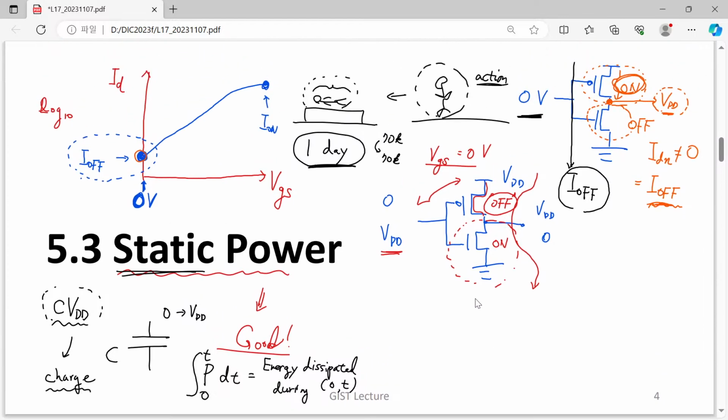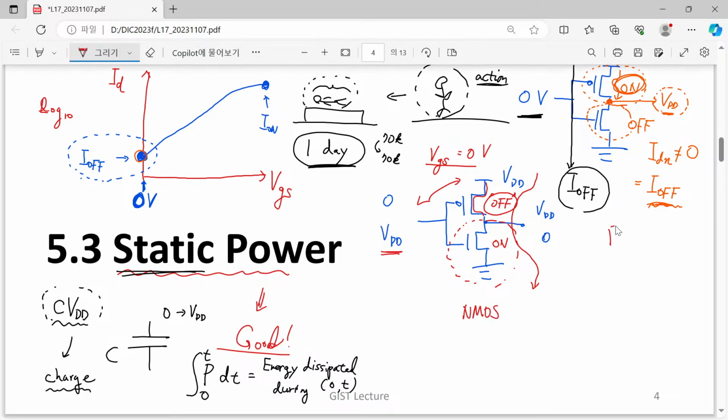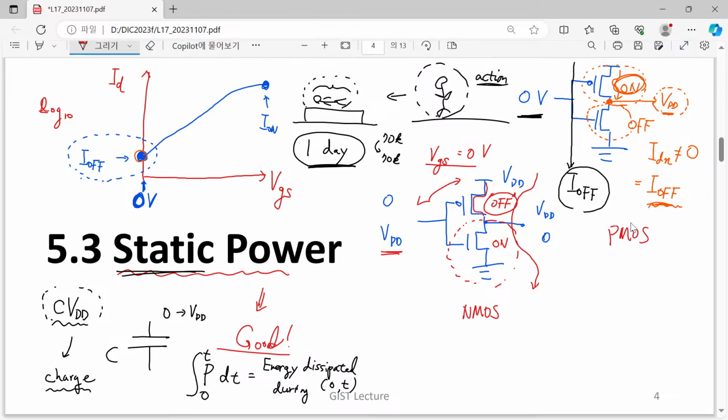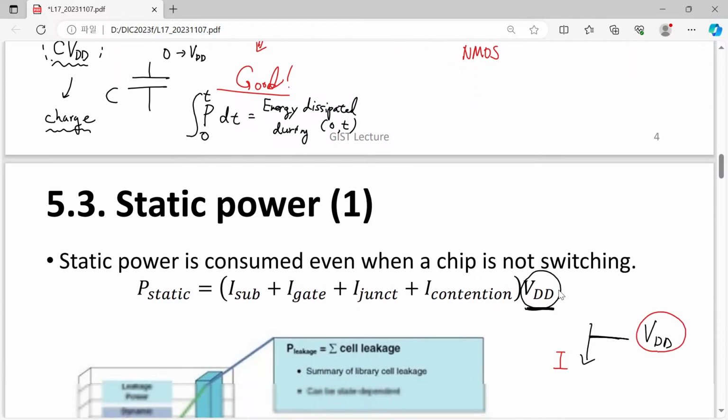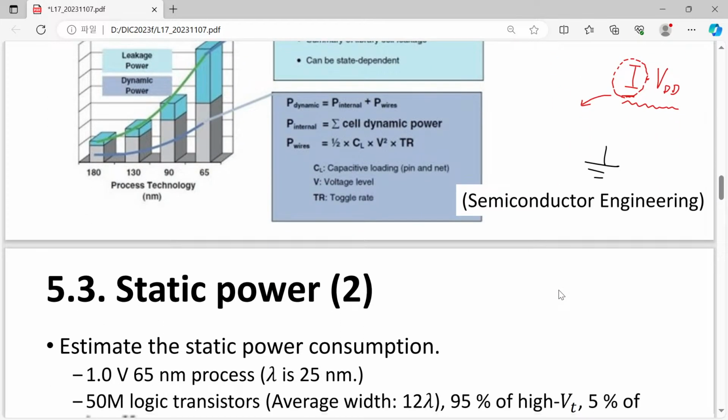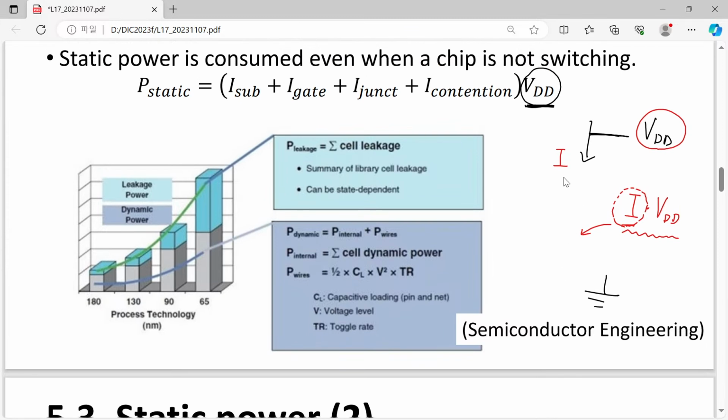Here the NMOSFET is on, and here the PMOSFET is on. However, in both cases, there is no current conduction. It is always blocked by the turned-off device. So in any case, this current has nothing to do with the on current.